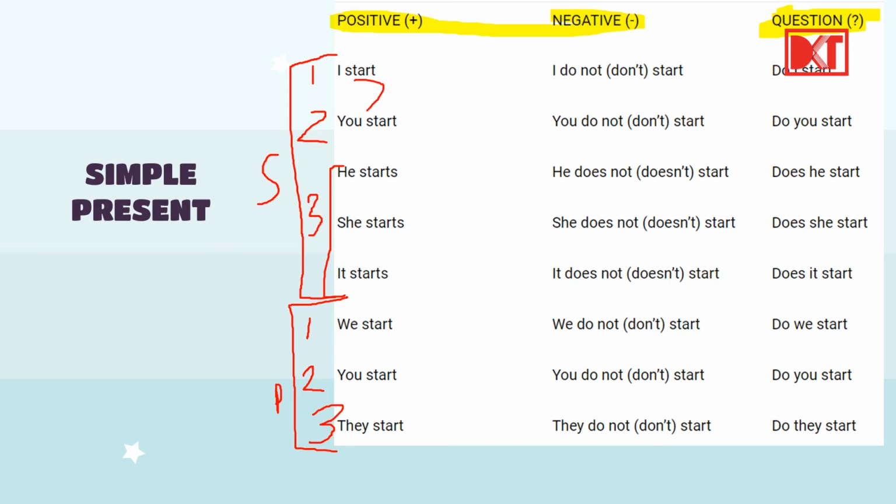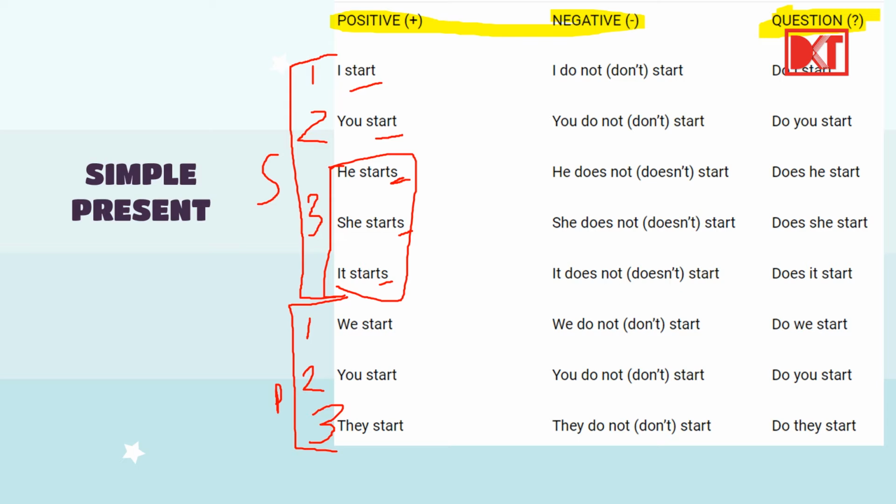So here with the first singular person, we use the subject and the verb original form, subject plus verb. And then for the second person, same subject and the original form of the verb. Similarly, for the third person, now this is different. For the third person, what happens is the subject, he, she, it, and the verb with s. Now the verb which we are using is to start.